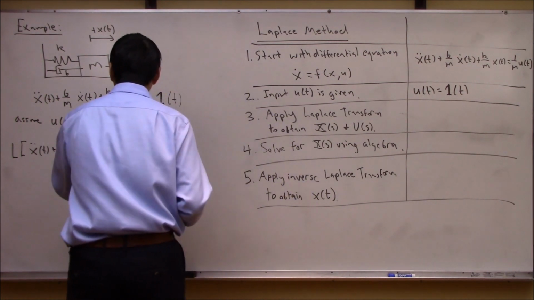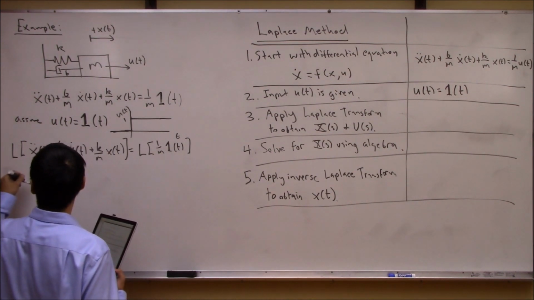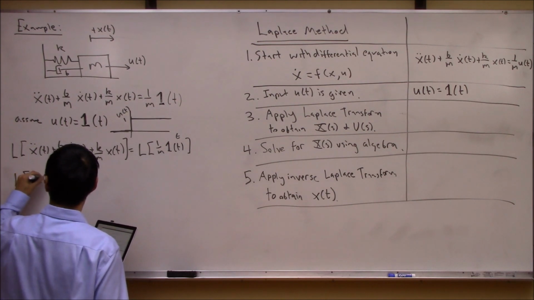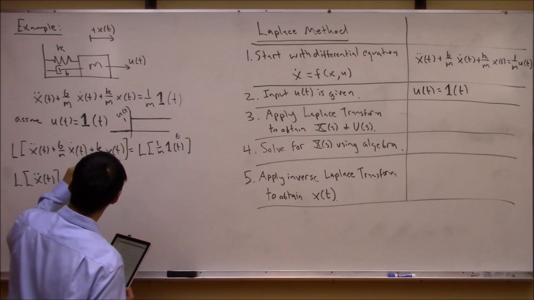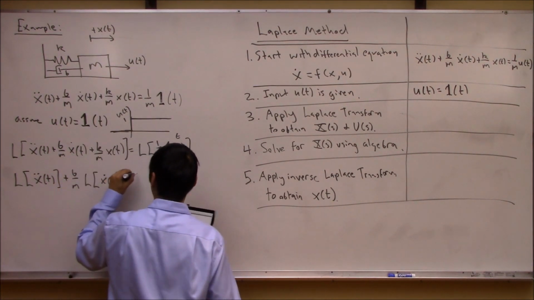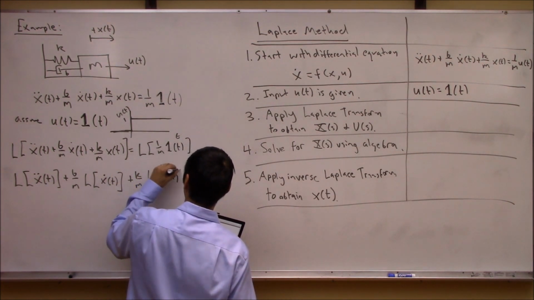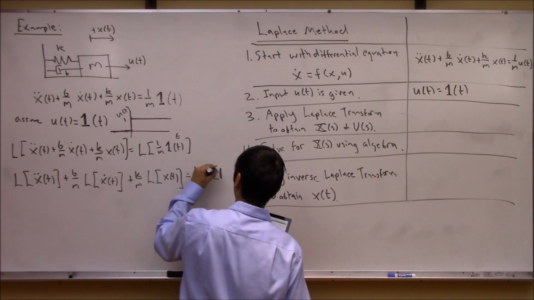To make my life easier, let's distribute this Laplace operator through. I can write this as the Laplace transform of x double dot, plus b over m Laplace transform of x dot, plus k over m Laplace transform of x of t, is equal to 1 over m Laplace transform of a unit step.